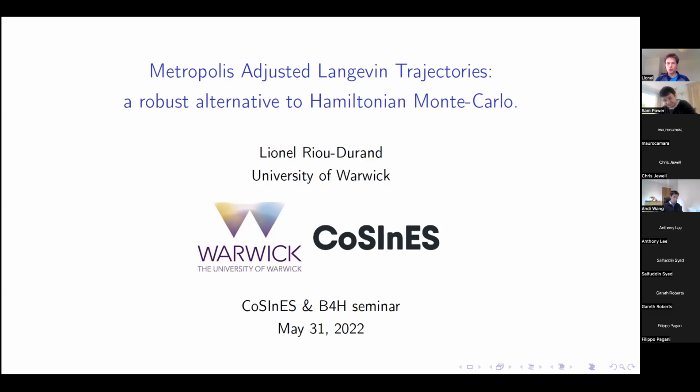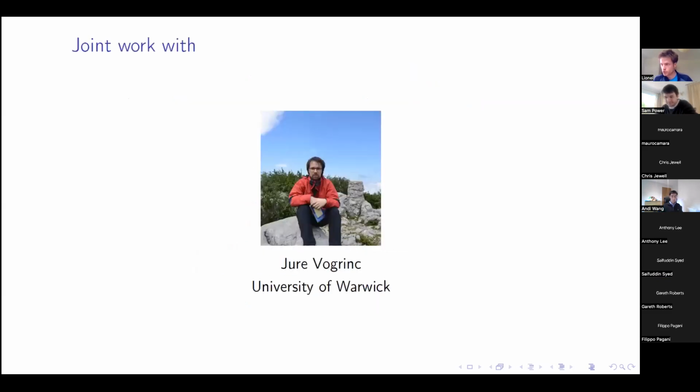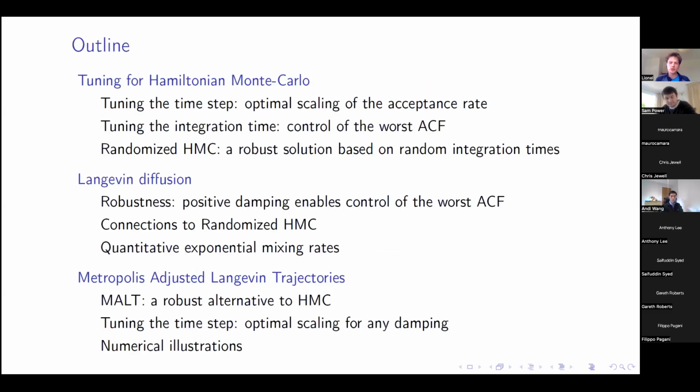Okay, so this is joint work with Riou-Durand, who is another postdoc from the University of Warwick. And I'm going to split my presentation into three parts. First, I'm going to do a bit of recap about what Hamiltonian Monte Carlo is and insist on some problem of robustness of Hamiltonian Monte Carlo. What I mean by robustness here is robustness of tuning its parameters.